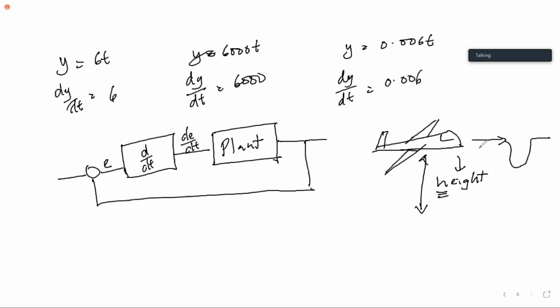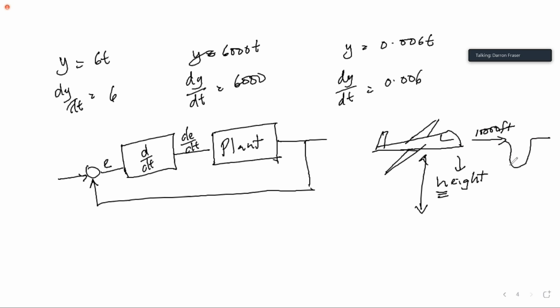Now, look at this thing. So it was at 10,000 feet. Yeah, I'm American. So 10,000 feet in the air.